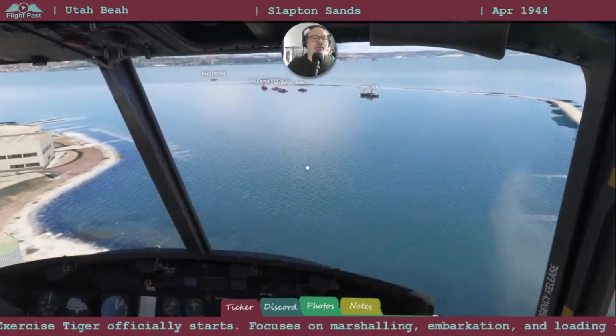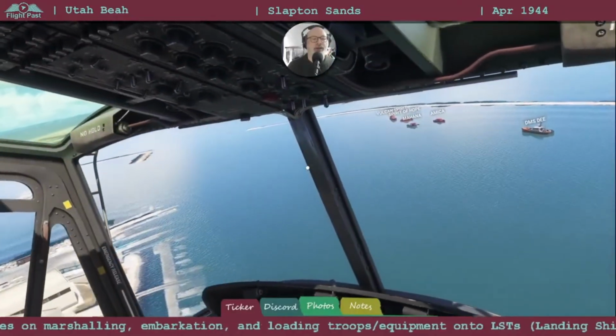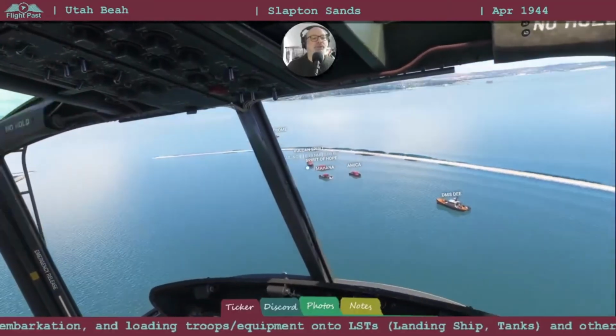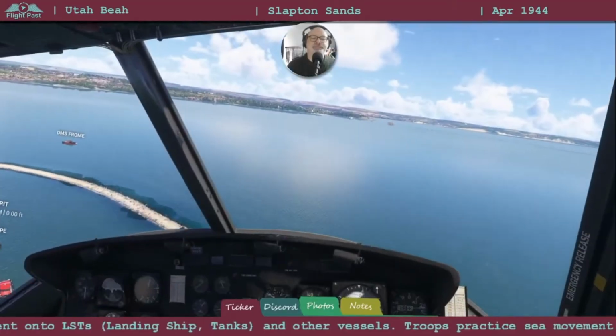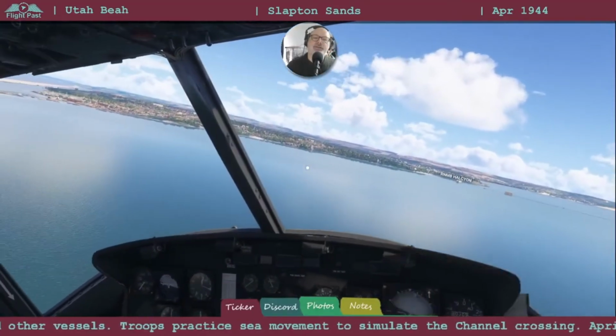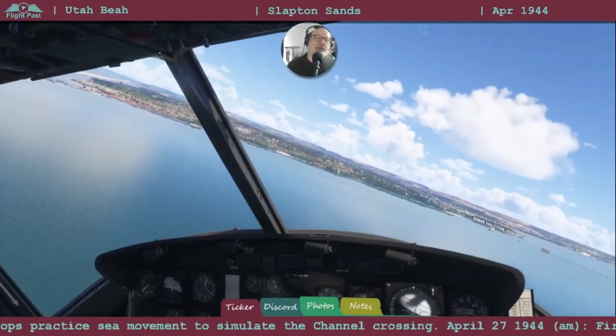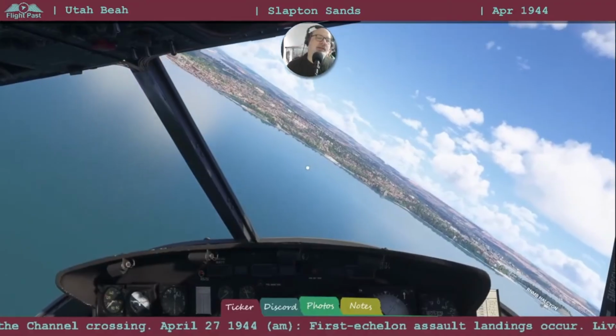Okay, so this is Weymouth. This is one of the important ports used on D-Day. Let's just fly over the town. It's a little peninsula that sticks out at the bottom of England.